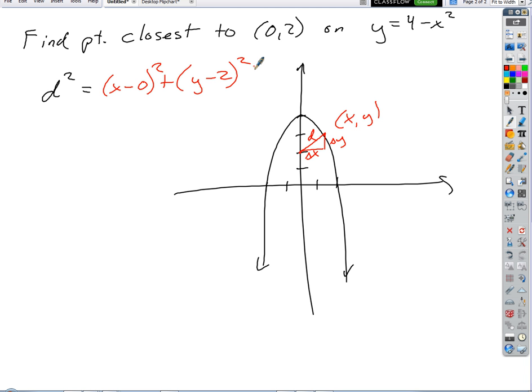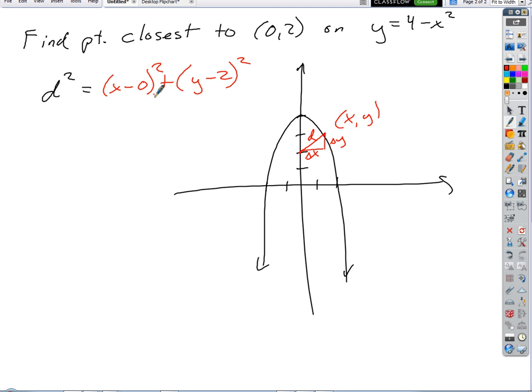Agreed? Okay. So if we're trying to minimize distance, do I need to solve that for D and take a square root of both sides? Well, let's think about this. If we want to minimize distance, isn't that the same as minimizing the square of distance? Won't the square of distance be at a minimum when the actual distance is at a minimum too? You see my point?